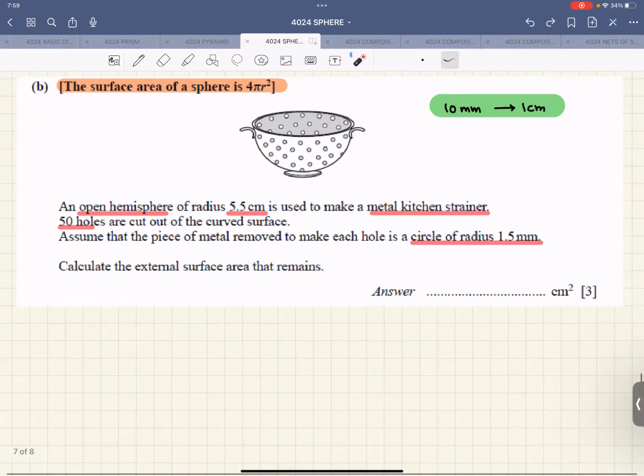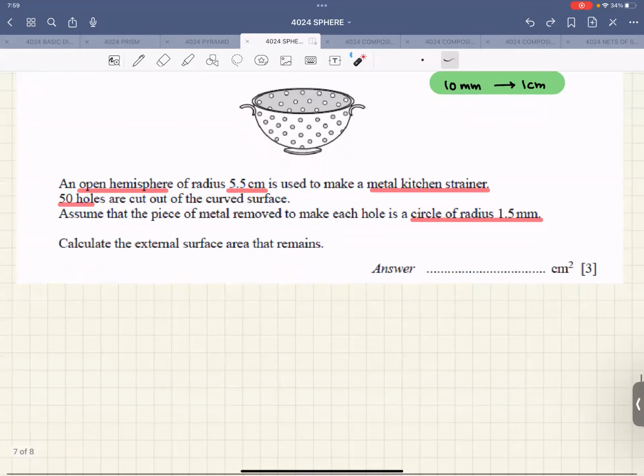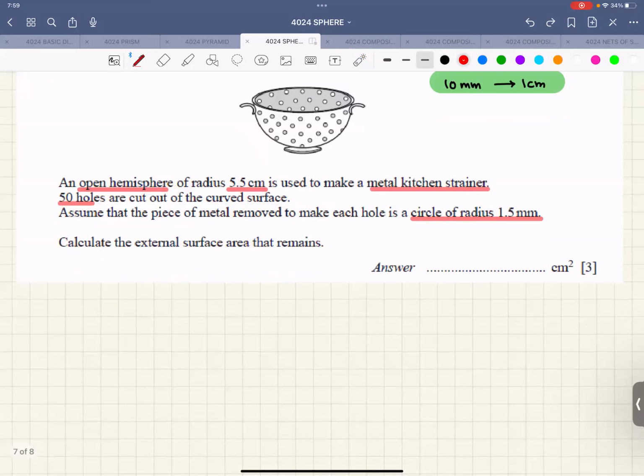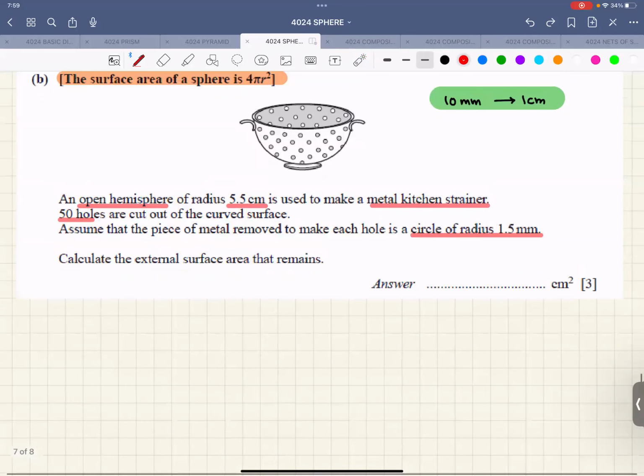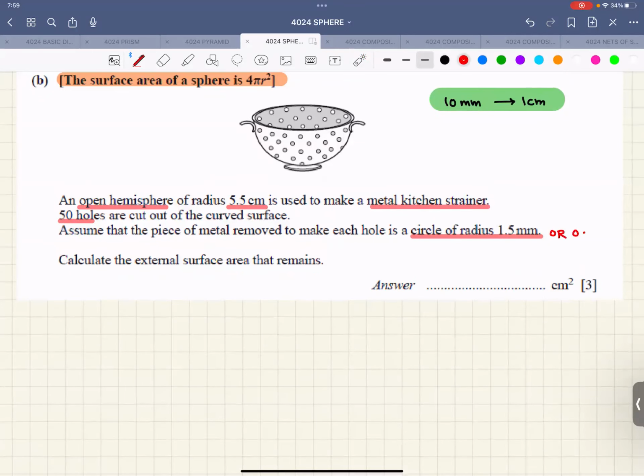Now, there are 2 approaches. I can either convert everything in centimeter from the beginning so that the final answer is centimeter square, or I can convert it later. I think this is a better approach. So let me convert 1.5 millimeter. That comes out to be 0.15 centimeters from the beginning. I think that is easier.